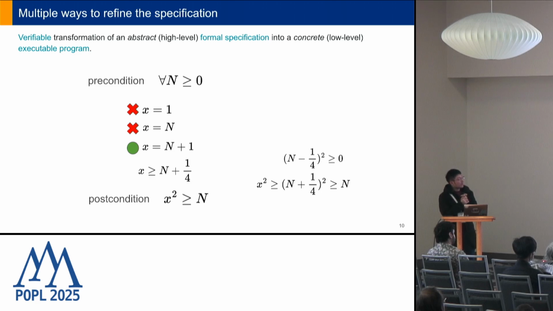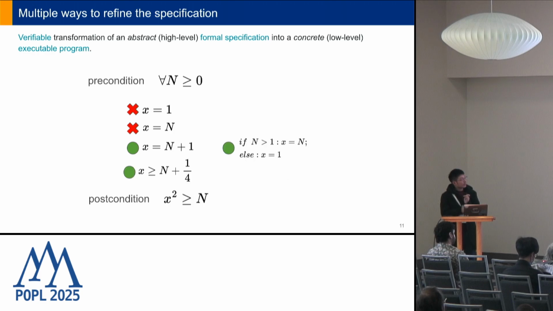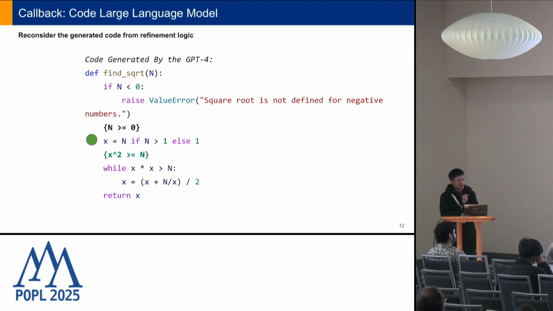Formally, we can find that x should be larger than or equal to n plus 1/4. In that case, x squared would be larger than n for all inputs n. We can also verify that an algorithm like: if n is larger than 1, we assign x equals n, else we assign x equals 1. This is also correct code, and it can be verified.